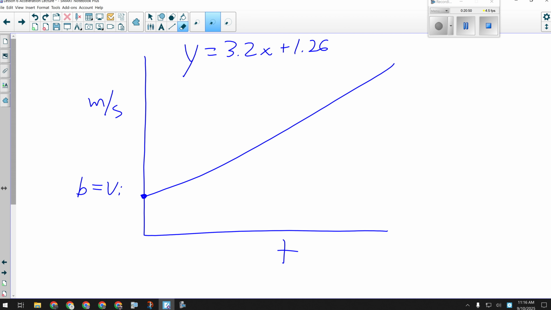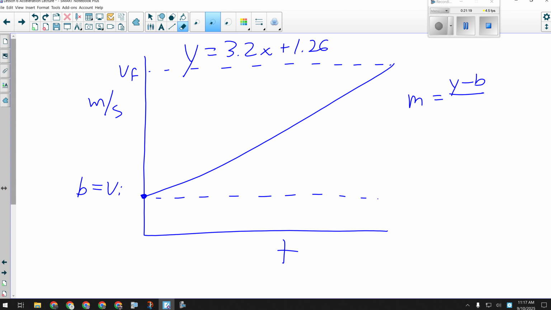What would any y value, let's just use that one up there, represent? The final velocity. Obviously any x value would represent time. What would the slope of this line represent? Acceleration. The slope of this line represents acceleration for this reason: m equals y minus b over x.